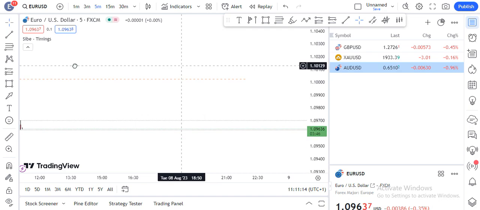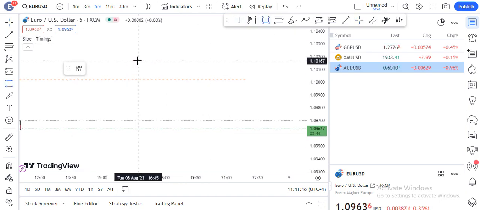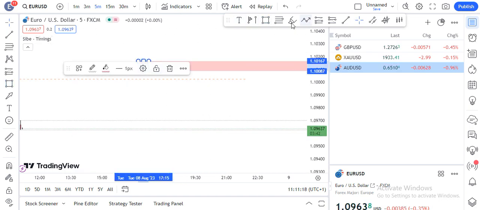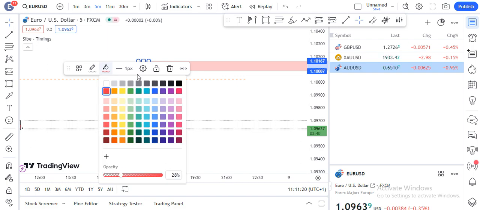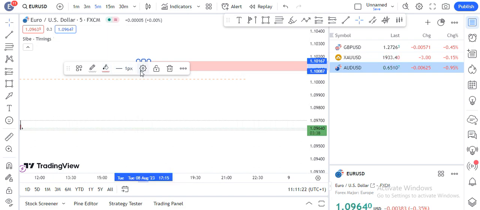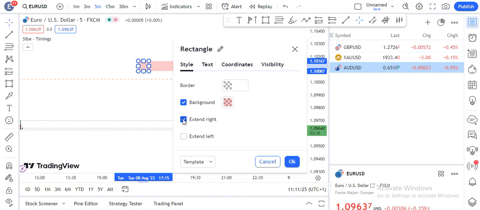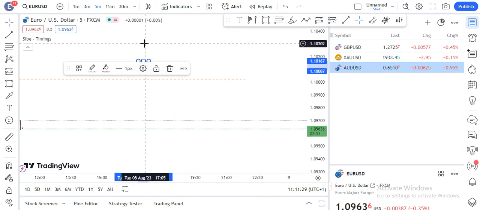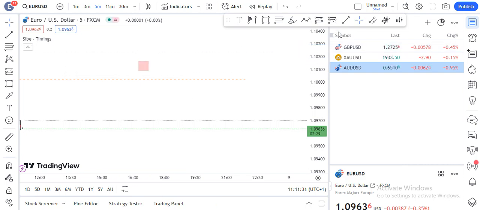So I'm going to highlight them over here. The first thing I consider a point of interest is a candle that is undecided, like an indecision candle. I think it's called a doji.